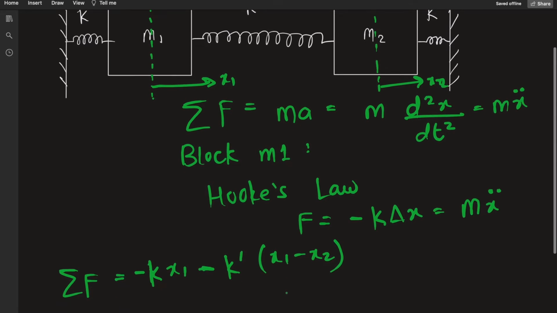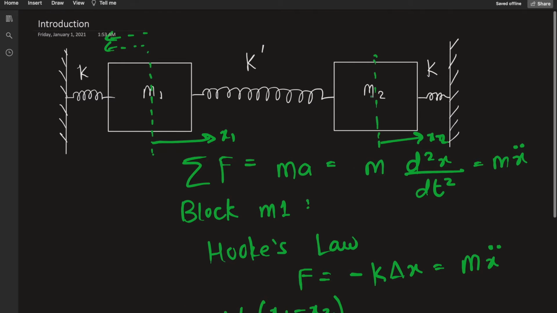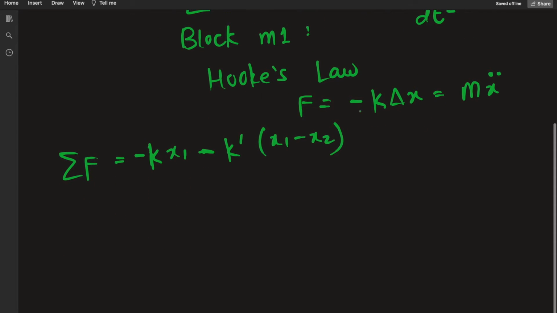And this makes sense, because you can check if x2 is greater than x1, then there's a net elongation in the spring, and the restoring force is going to be directed towards the right hand side. So the sign is going to flip. And that by Newton's second law is mass times x1 double dot. Fine, that's equation number 1.